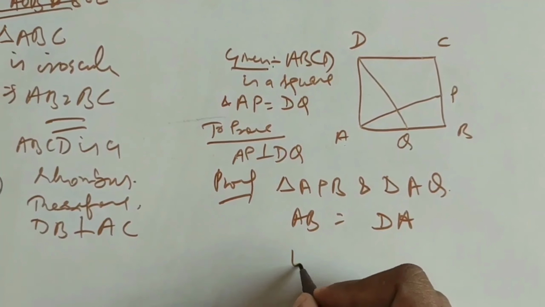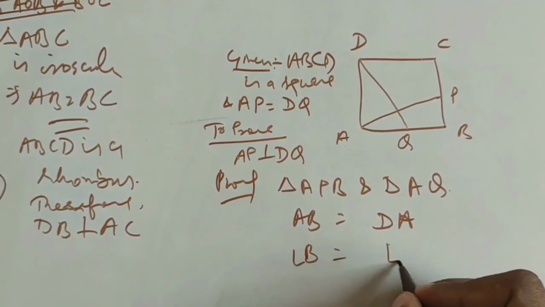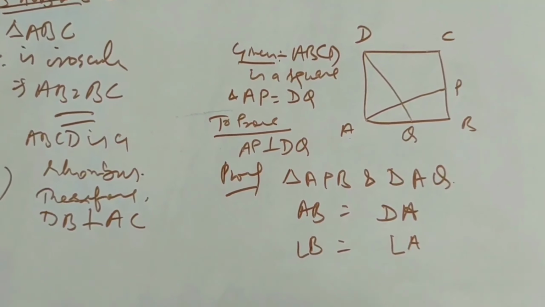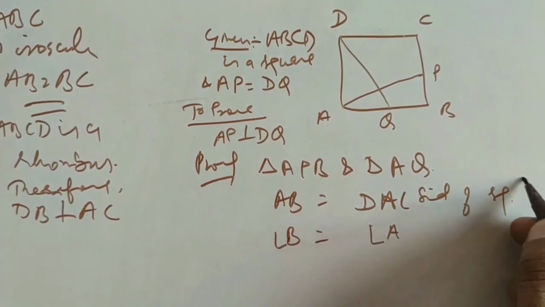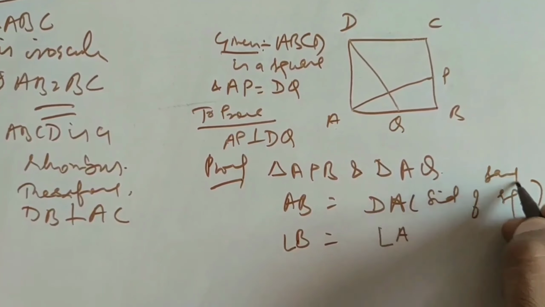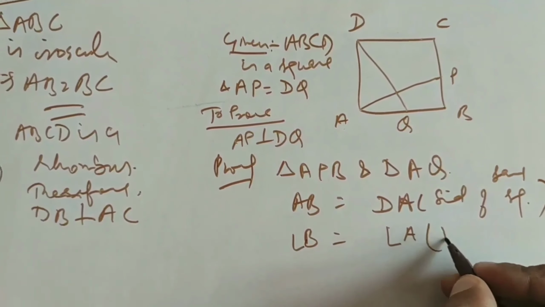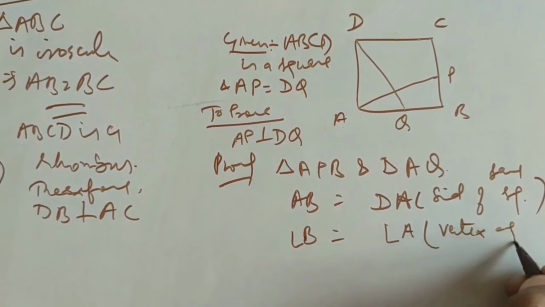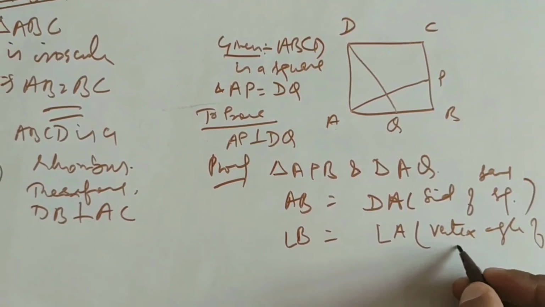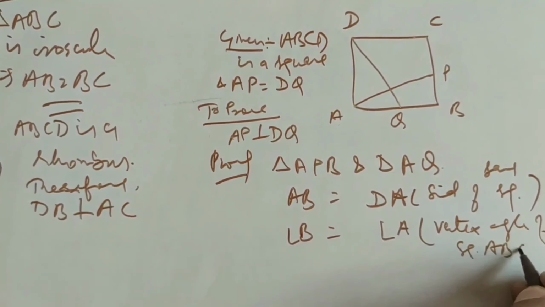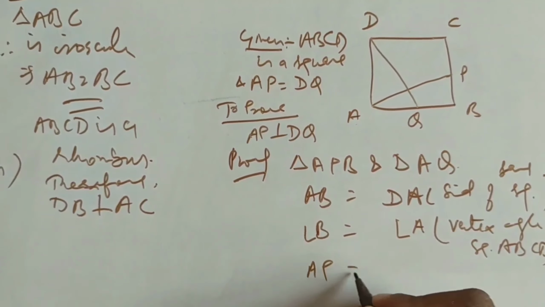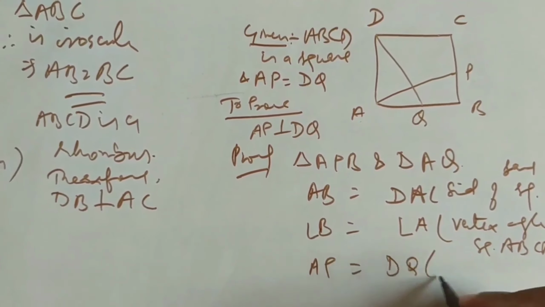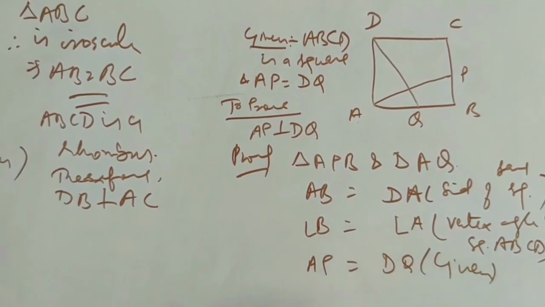There is an angle B which is 90 degrees, and there is angle A 90 degrees. These are the sides of the same square, and these are vertex angles of square ABCD. Also AP is equal to DQ, this is given.